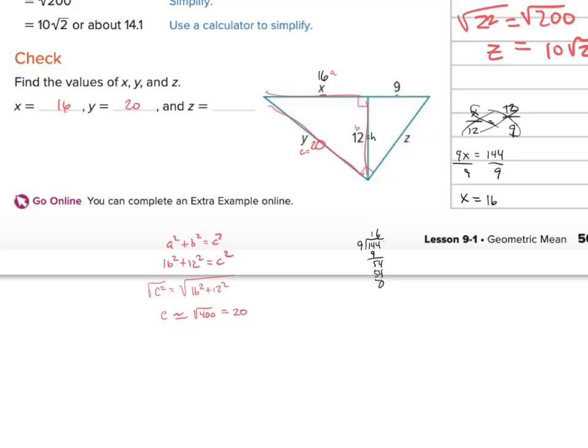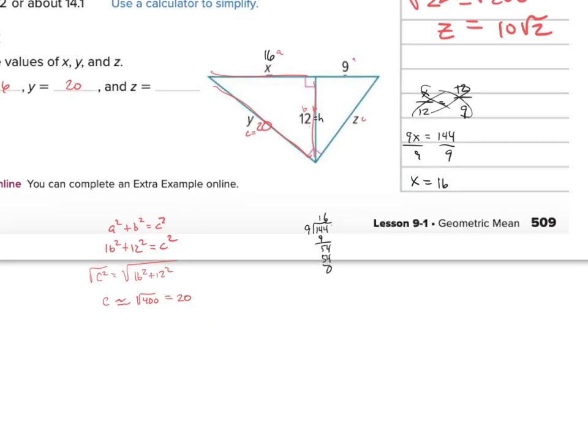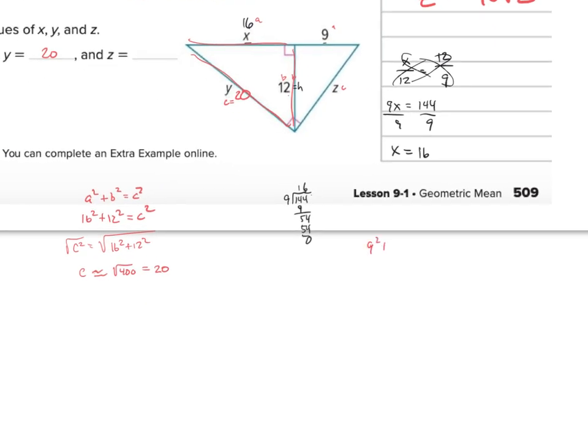And so now you can solve for Z using the Pythagorean theorem again. You get A, B, C. So you would have 9 squared plus 12 squared is equal to Z squared. This is 81 plus 144 is equal to Z squared.